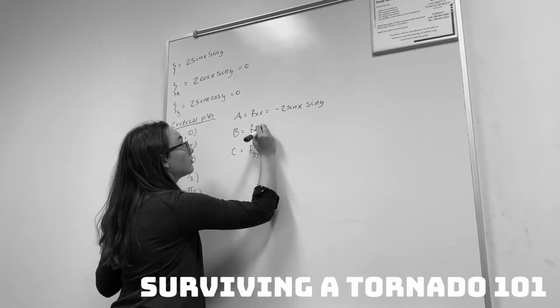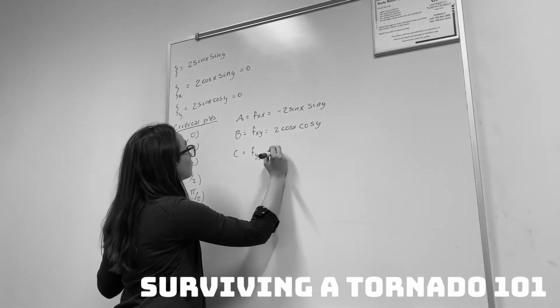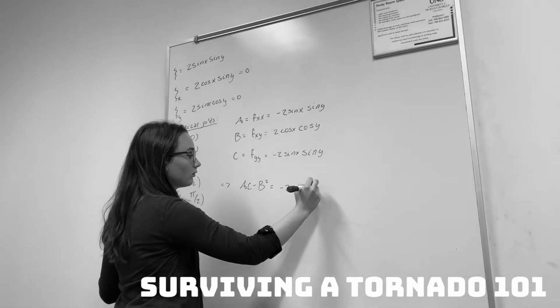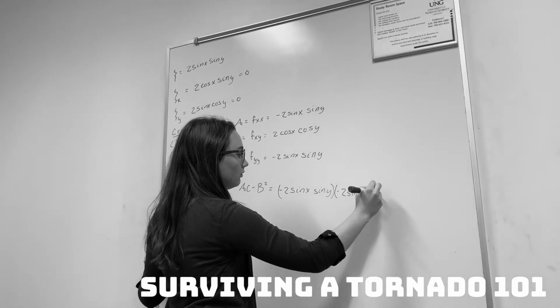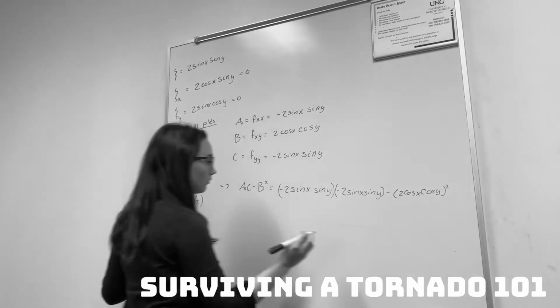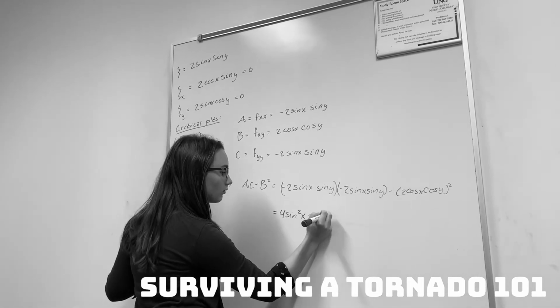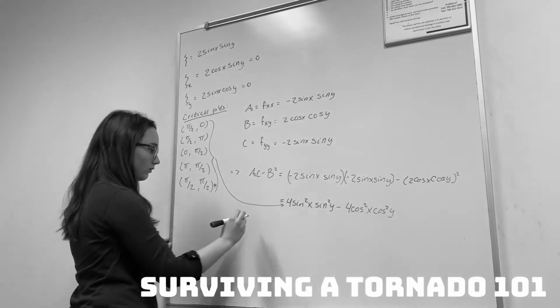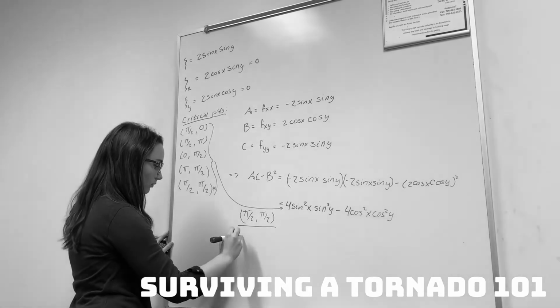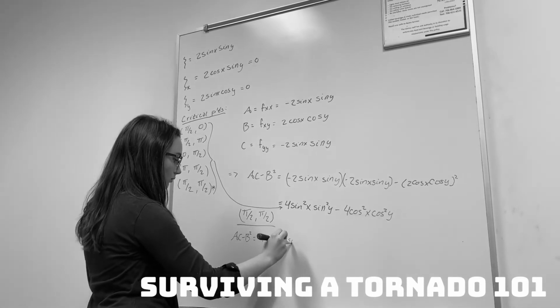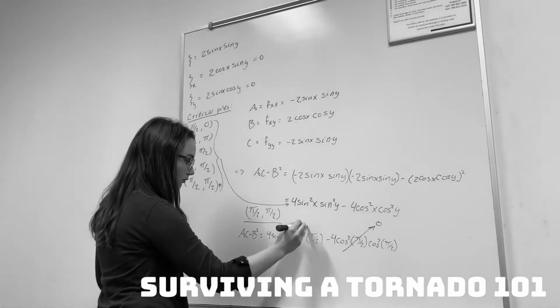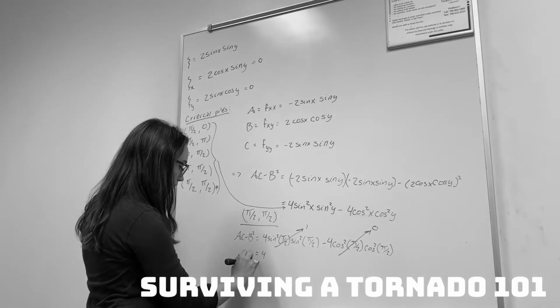When you plug these into the function ac minus b squared, which you get from finding the second partial derivative of the function with respect to x, the second partial derivative with respect to y, and the second partial derivative with respect to x and then y, pi/2 is the only one that doesn't give you 0, so you can determine that one is a maximum.